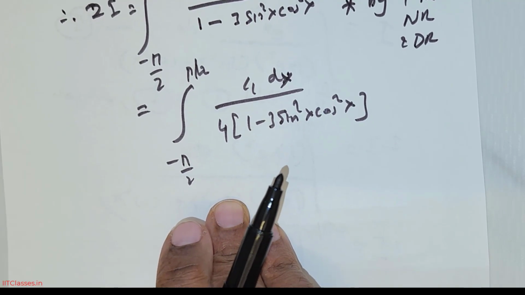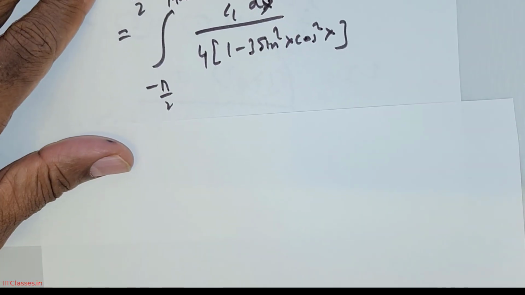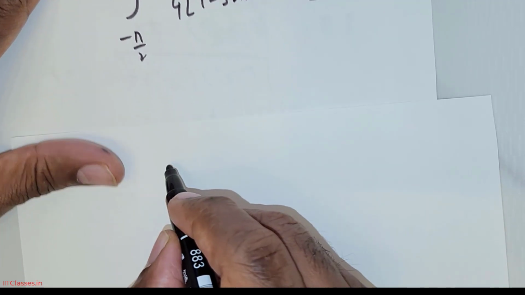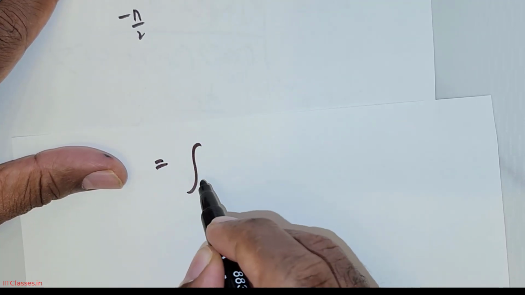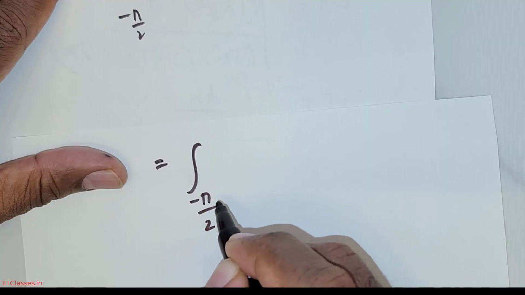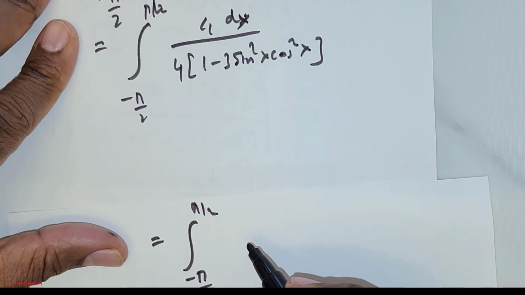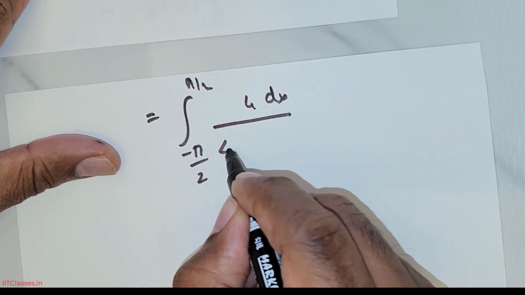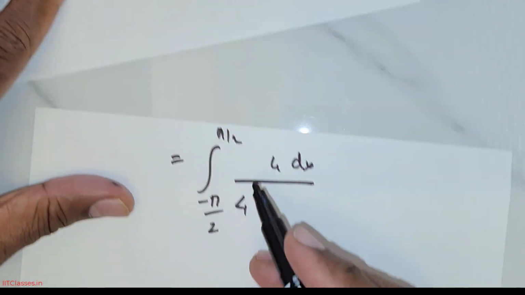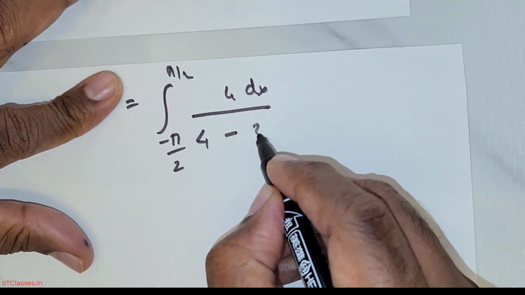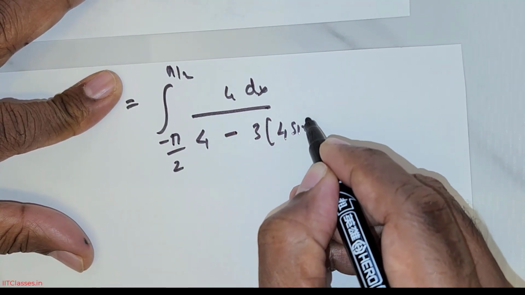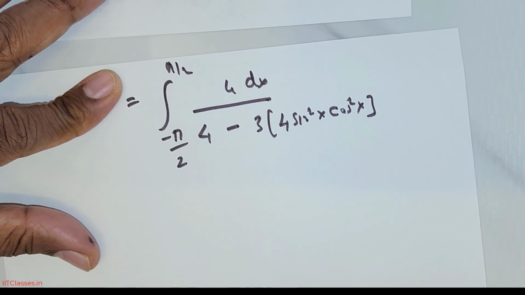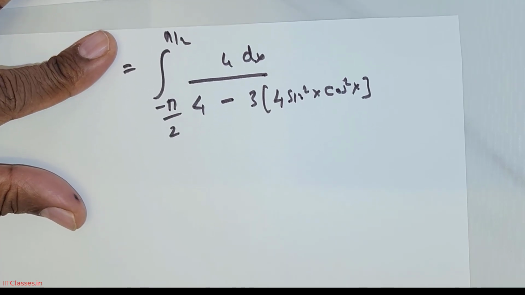I'm doing all this so that we arrive at a point where integration becomes lucid. I'm just rewriting it, but in this case I'm going to distribute 4. I get 4 minus 3 times 4 times sine squared x times cos squared x. This is what I am getting.